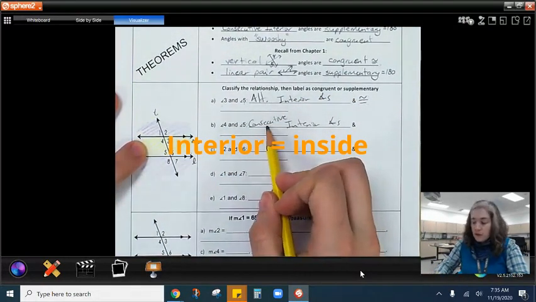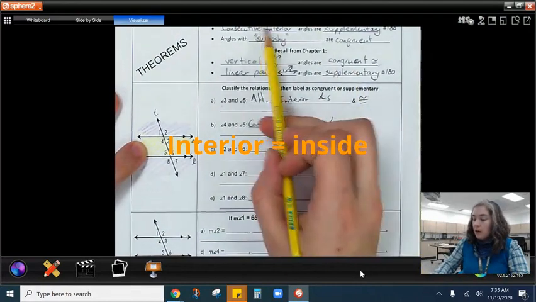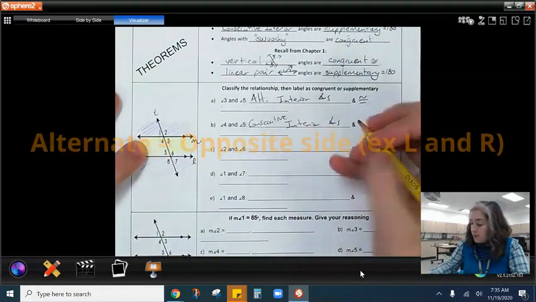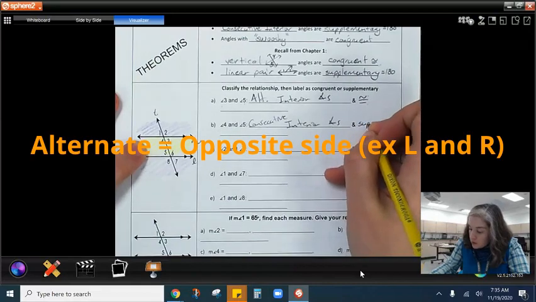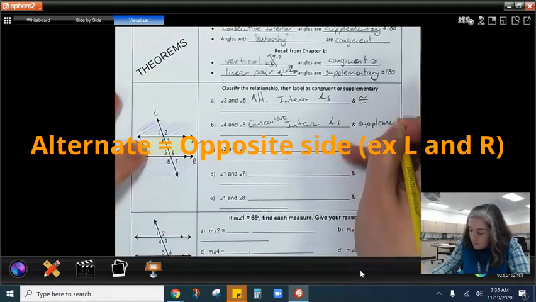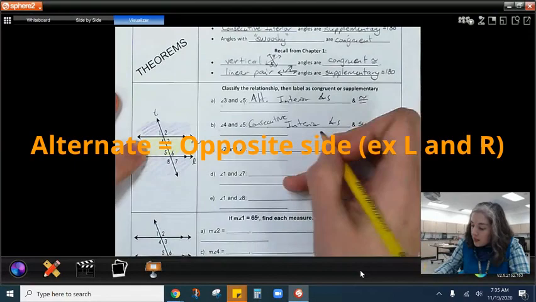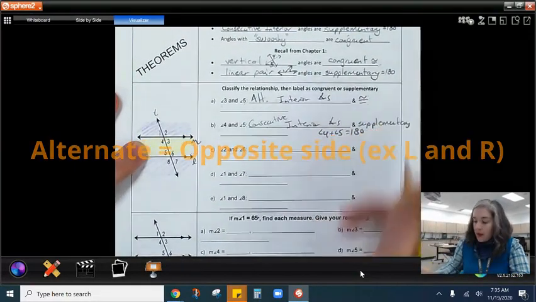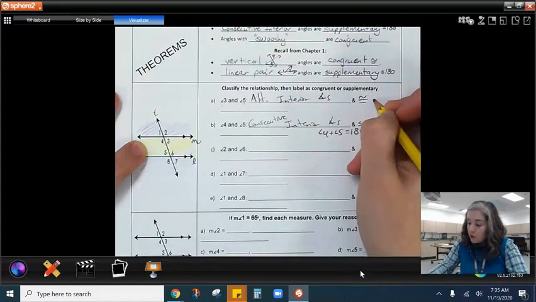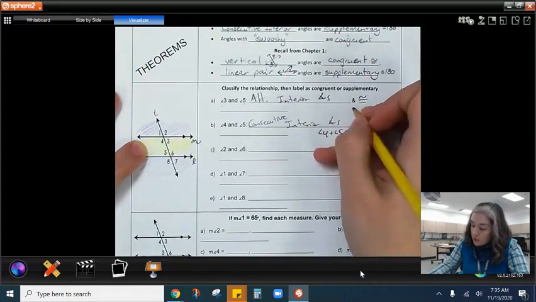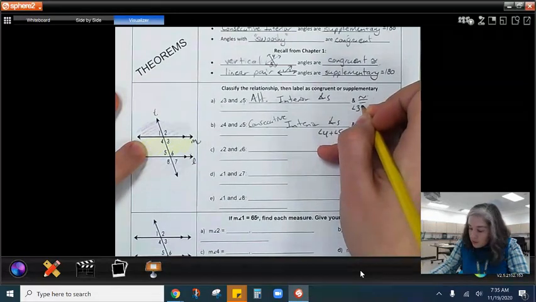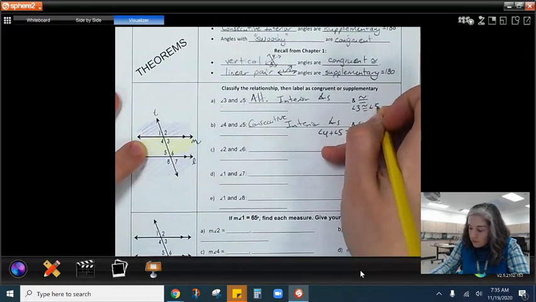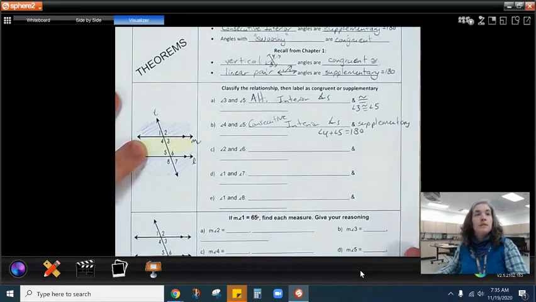We know that just means consecutive interior. Consecutive interior angles are supplementary, so I could take angle 4 and add it to angle 5, and it would equal 180. Unlike our congruent case, where angle 3 was congruent to angle 5, they just equaled each other.